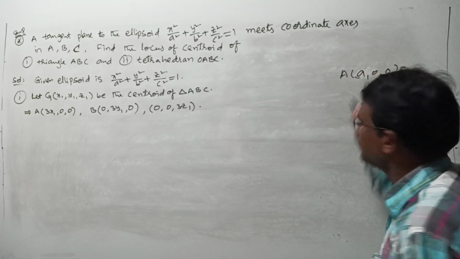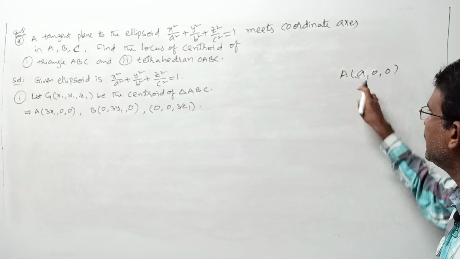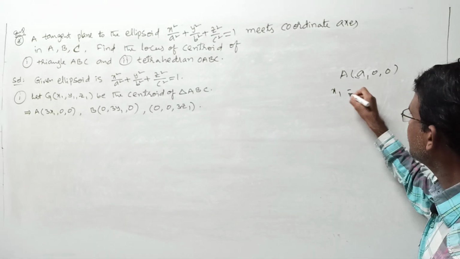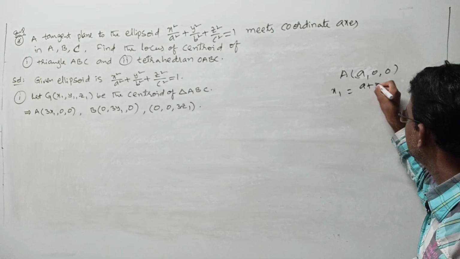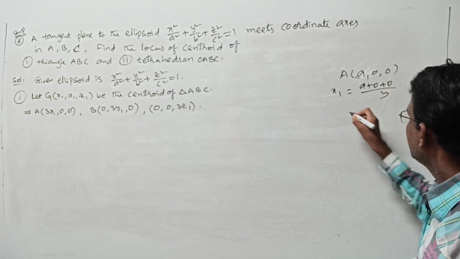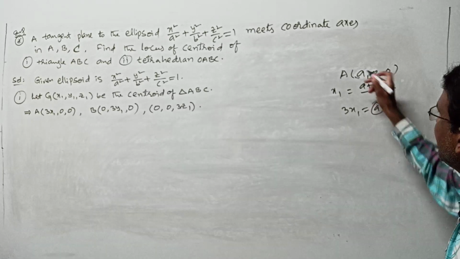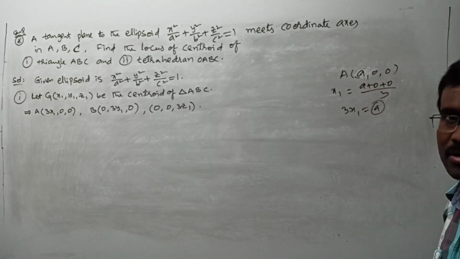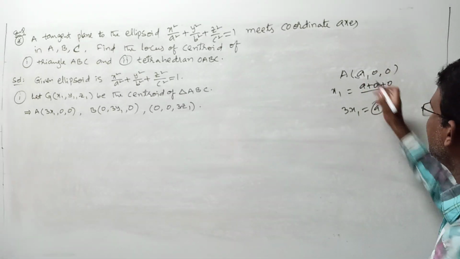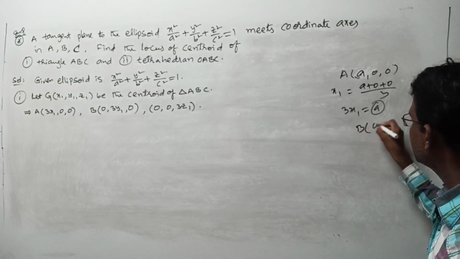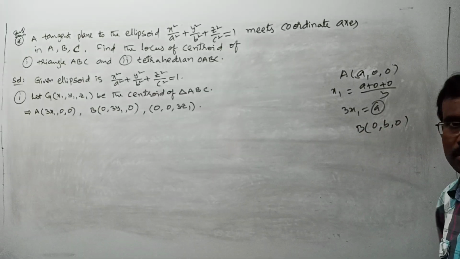This is capital A, a general point on the x axis. The centroid x1 is equal to (A plus 0 plus 0) by 3. Then 3x1 is A, or not? That means A should be 3x1. Your capital A point is 3x1, 0, 0.